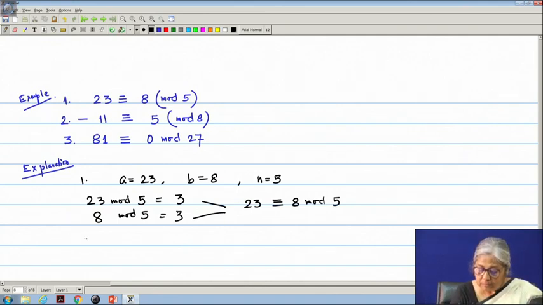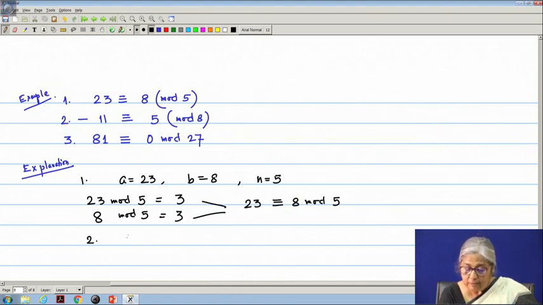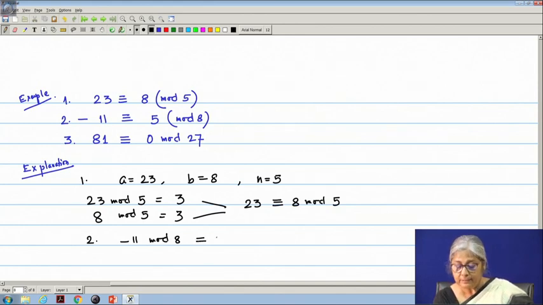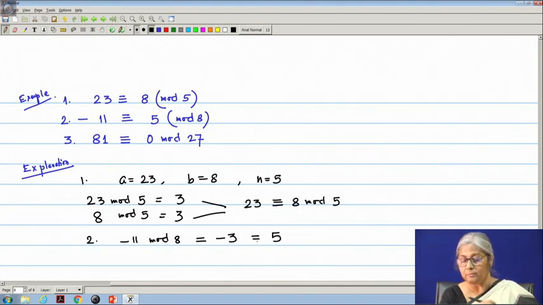Now, if we see the second, that minus 11 is congruent to 5 mod 8. Directly I can write minus 11 modulo 8 is minus 3, and minus 3 is nothing but plus 5, since the result should be a positive number, that is the convention.